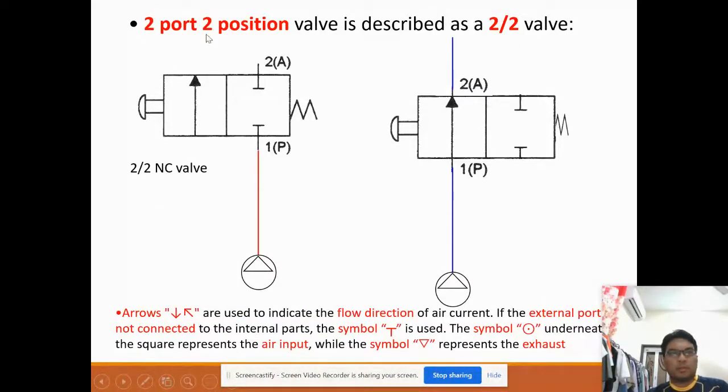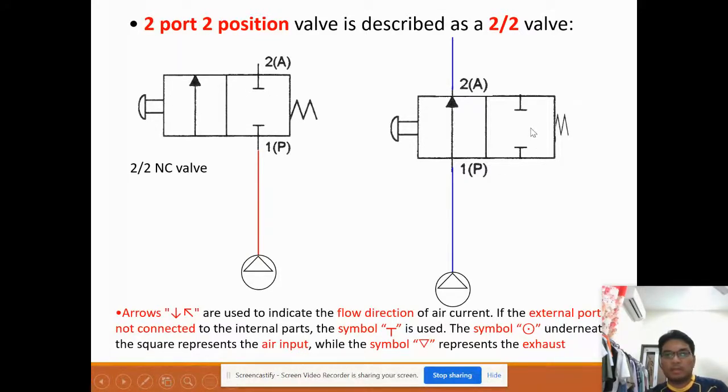For the 2 port 2 position valve, as a poppet valve, it is described as a 2/2 valve. Basically it is described as a 2/2 NC valve, meaning normally closed. In the original condition, the two ports are normally closed. This is the first condition, and this is the second condition.